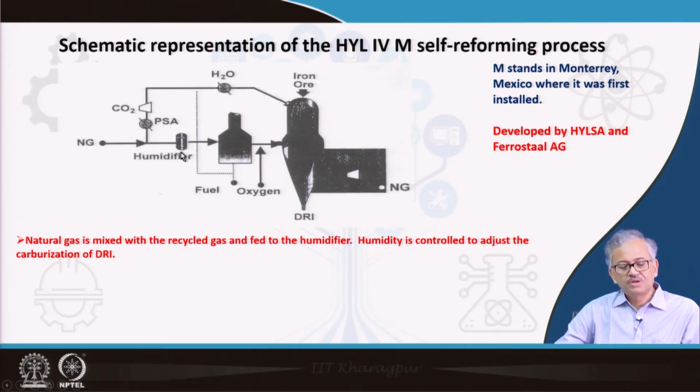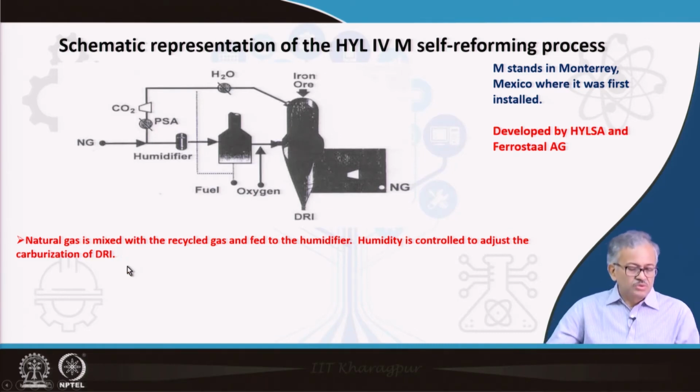Okay, and after humidification, after preheating, and also online oxygen preheating, the gas attains more than 1000 degrees centigrade and enters into the reactor. So the natural gas is mixed with the recycled gas, fed to the humidifier, and humidity is controlled to adjust the carbonization.